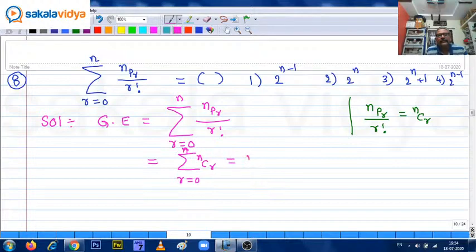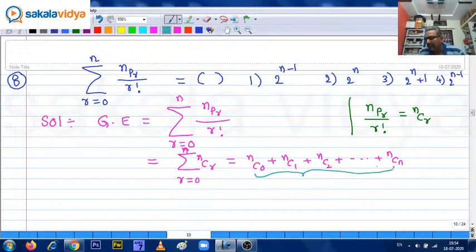Substituting the respective values, nC0 plus nC1 plus nC2 and so on, plus nCn. This we already know. This is nothing but the sum of the coefficients of the expansion of 1 plus x whole to the power of n, whose value is equal to 2 to the power of n. So second option is the right option.